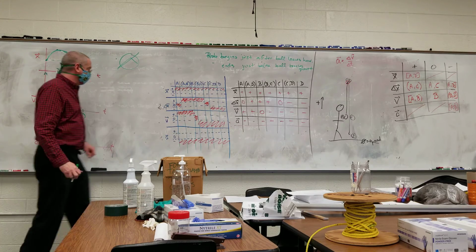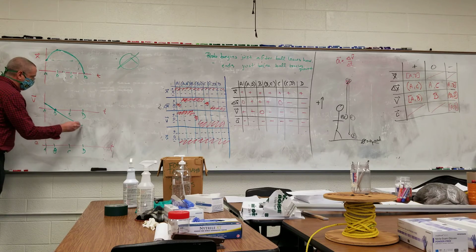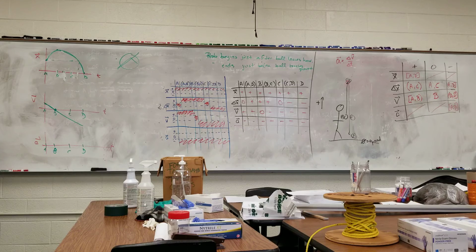It's 0 at B, so at B I know it's at 0. It starts out, it slows down, and then it just gets faster going in the negative direction. I happen to know it's a straight line in this particular problem.